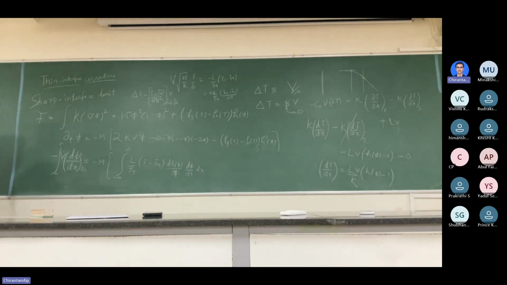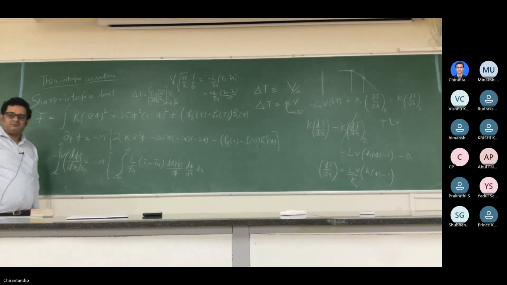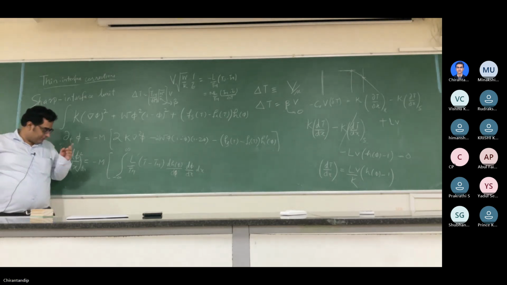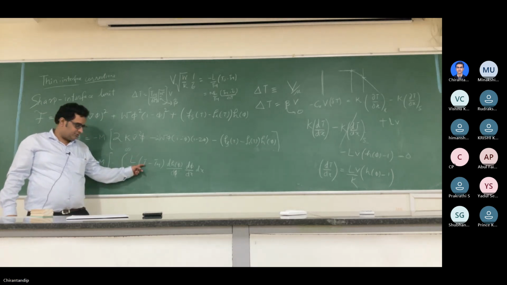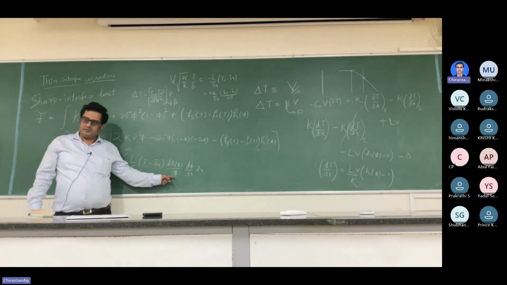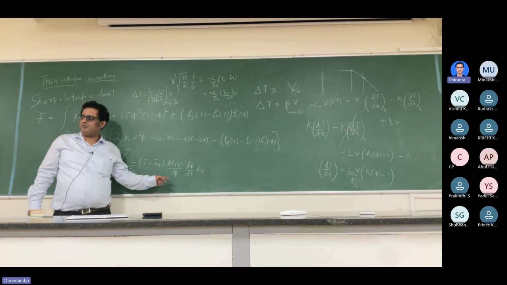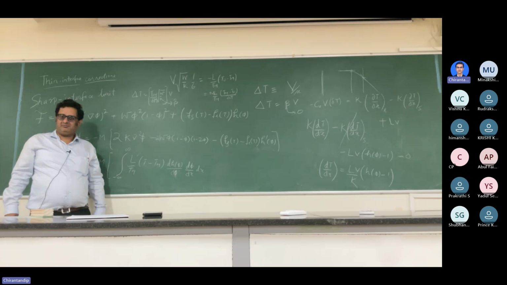Okay. So how do I propose to do the integration? Remember now, this is a function of x. This also is a function of x, right? And I want to still do the integration. How do I go about doing it?